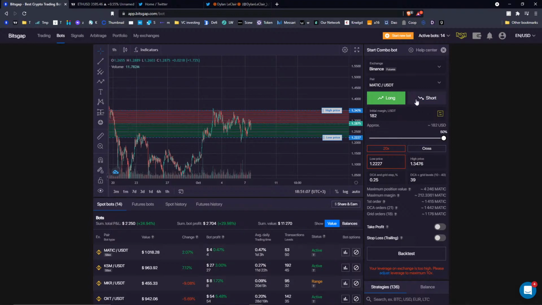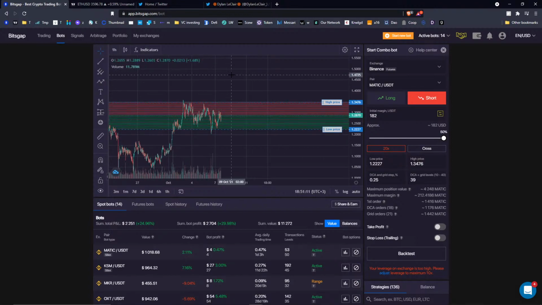Okay, and of course you can also trade on the falling market. On the falling market you can make money because of short selling.